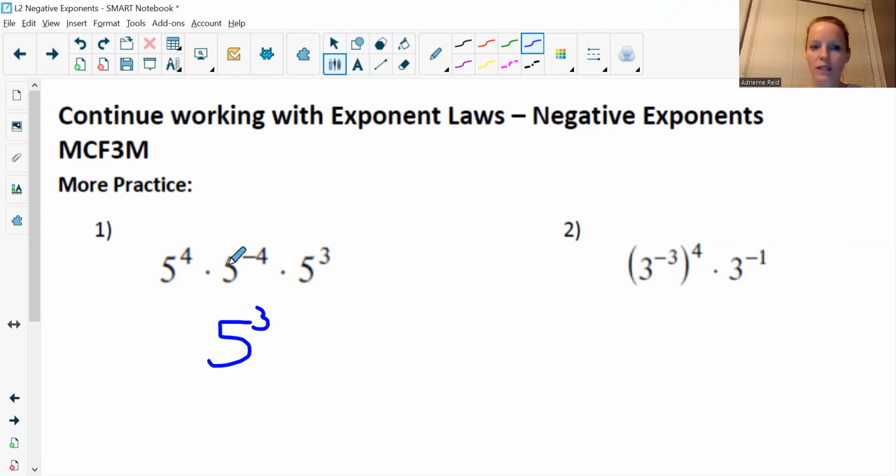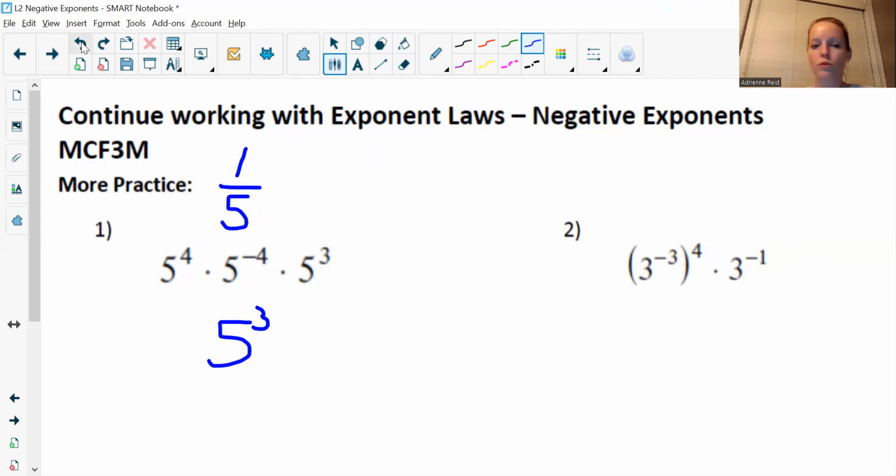I didn't have to worry about that negative exponent. I don't have to flip it. If you flipped it, you would end up with 1/5 to the power of 4. And then when you times it by this 5 to the power of 4, I would actually end up with 5 to the power of 4 over 5 to the power of 4, which is just the number 1. 1 times 5 to the power of 3 is 5 to the power of 3.